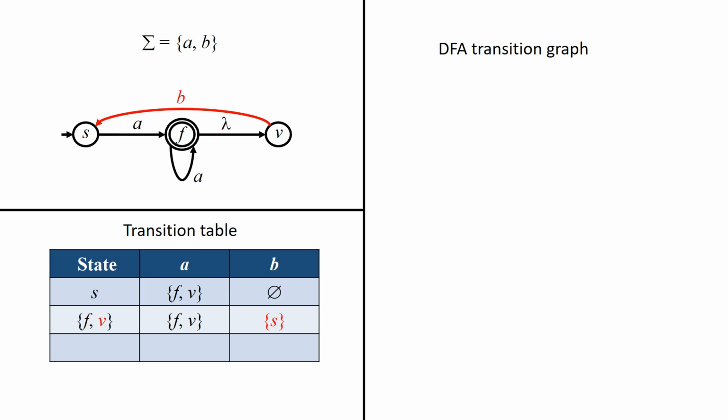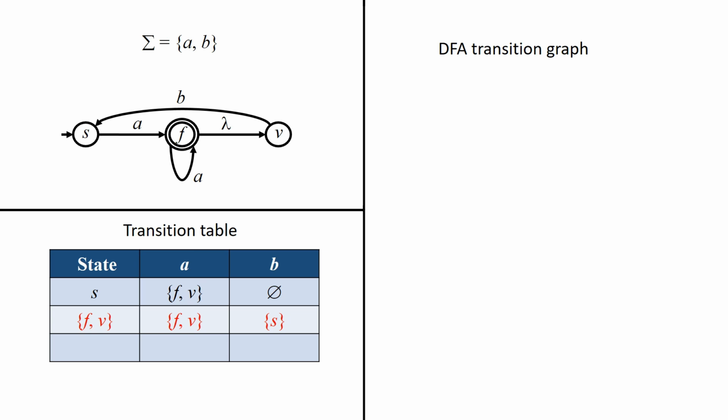It also goes to the state S. So we have the union of singleton S and singleton S. So that is singleton S. So from the state FV, with the symbol B, it goes to the state S.